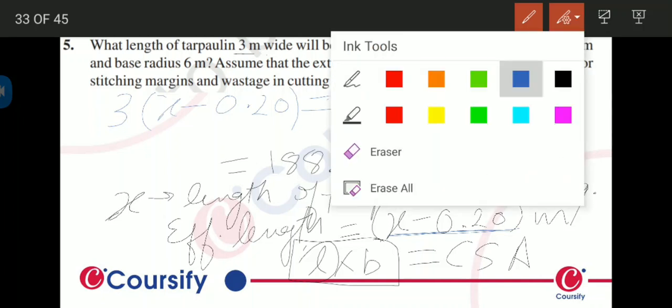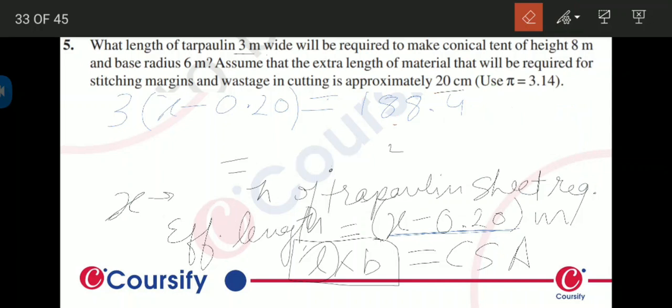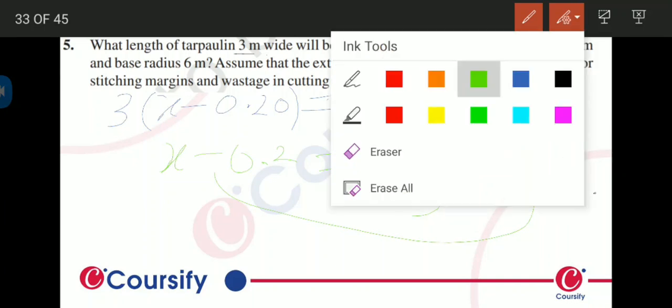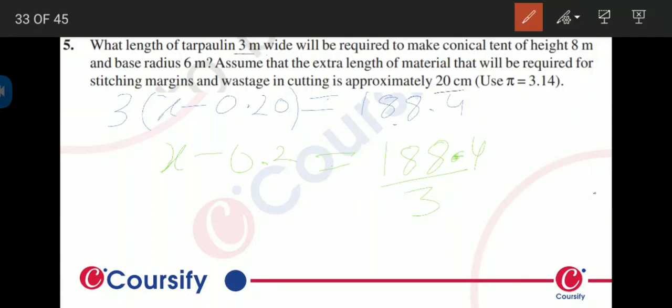By solving this equation, we get x minus 0.2 is equal to 188.4 divided by 3, and this 0.2 will go to the other side, so it will become x is equal to 188.4 by 3 plus 0.2.